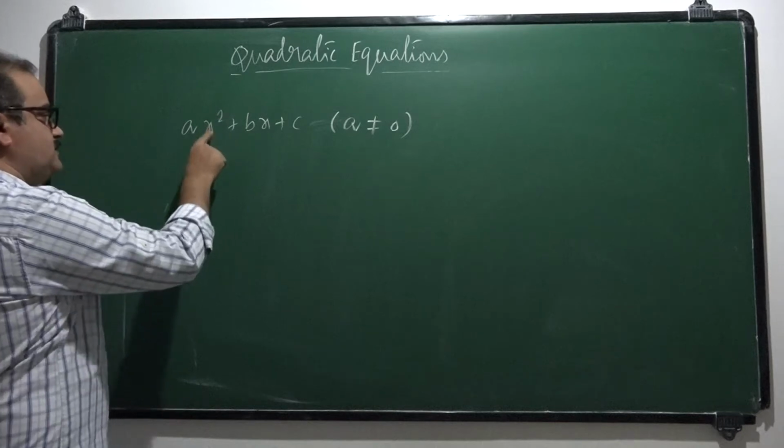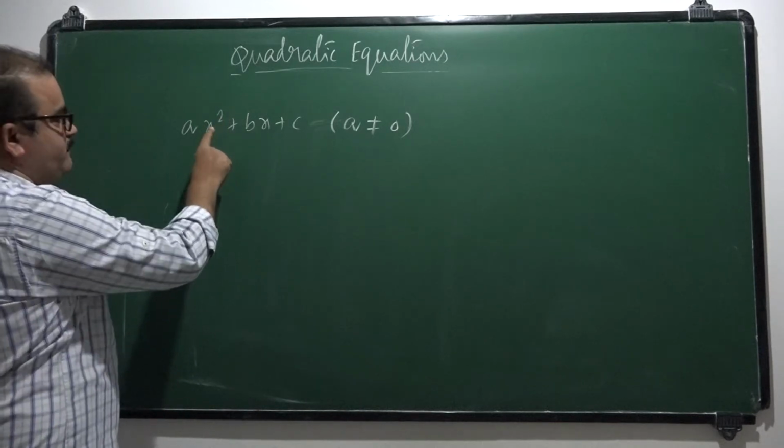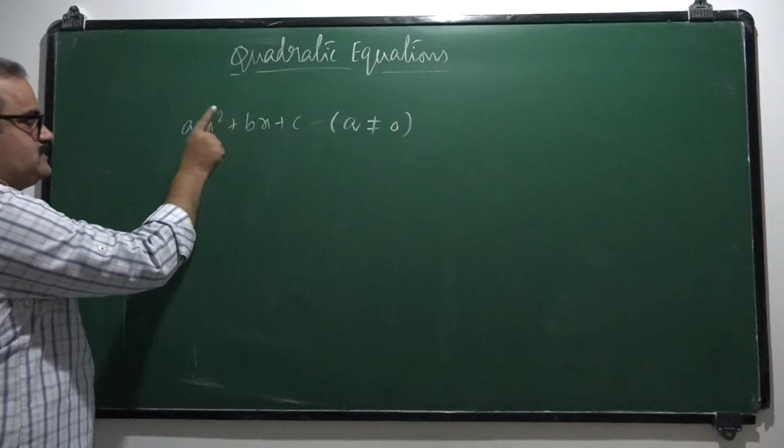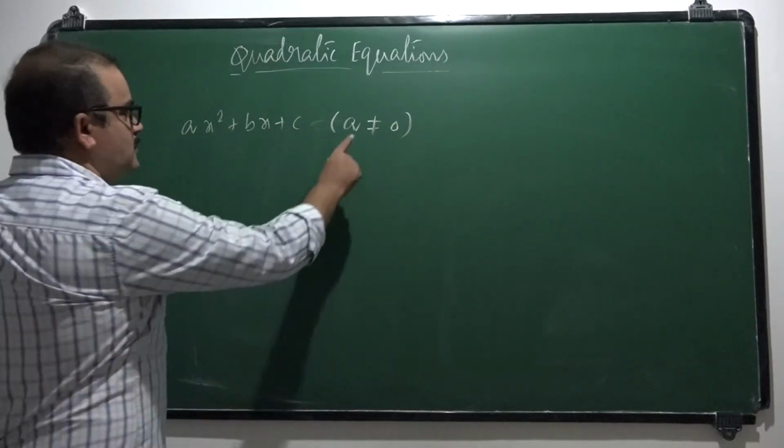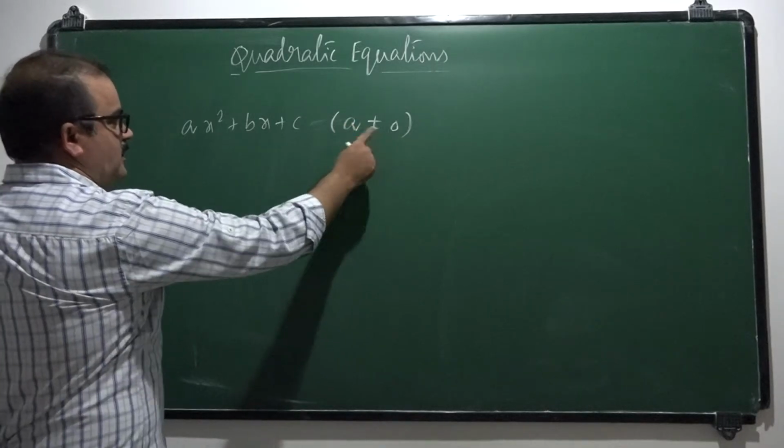The degree of this expression is 2. If degree of an expression is 2, then it is called quadratic expression. Here the condition is a not equal to 0.